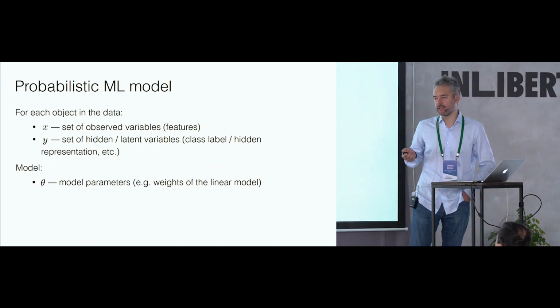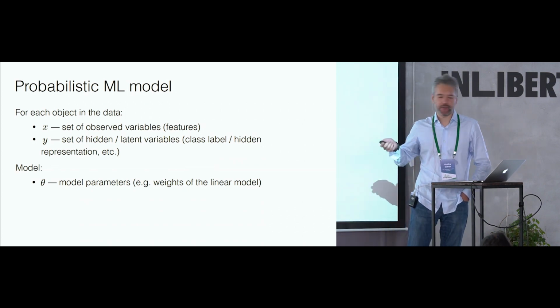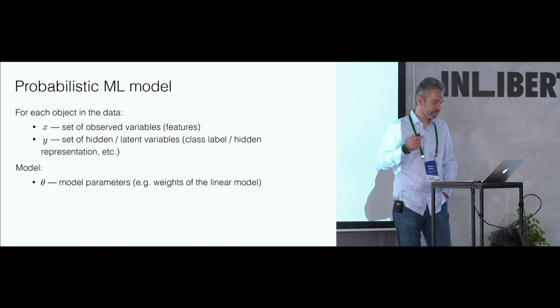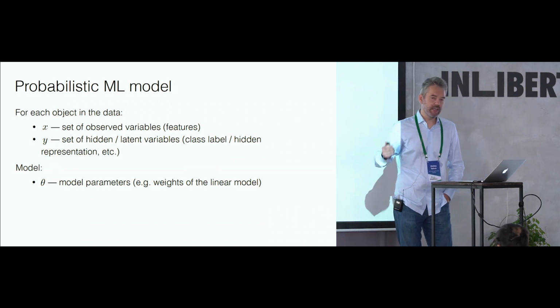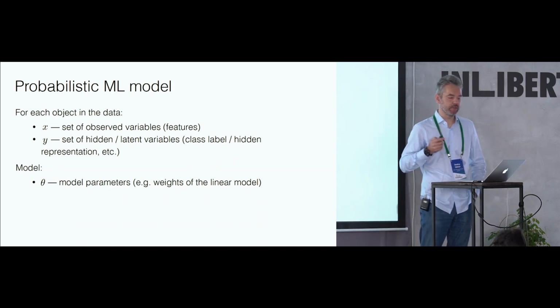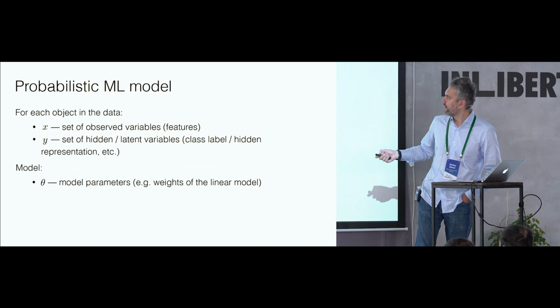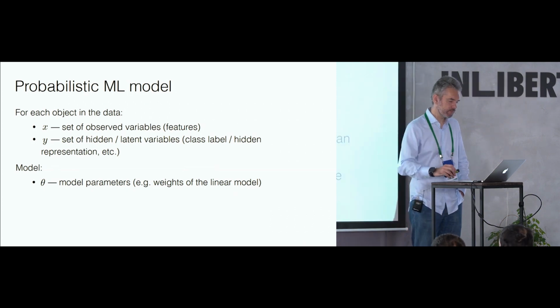For example, weights of a linear model, or weights of a deep neural network, or thresholds in a decision tree. And we would like somehow to tune the model parameters, to tune theta according to our training data, so as to be able to predict the target variables Y for the new objects X, for which Y is not known.